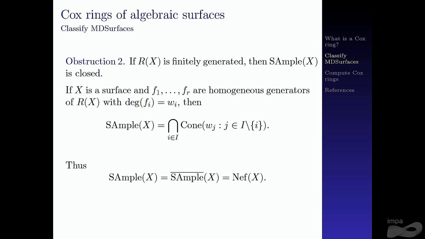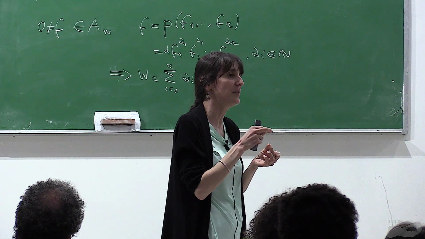It is a bit more difficult to give an example of a surface where you don't have the first obstruction and you only have the second one. The easiest example I know is you take a very general quartic surface and you blow it up at a very general point.